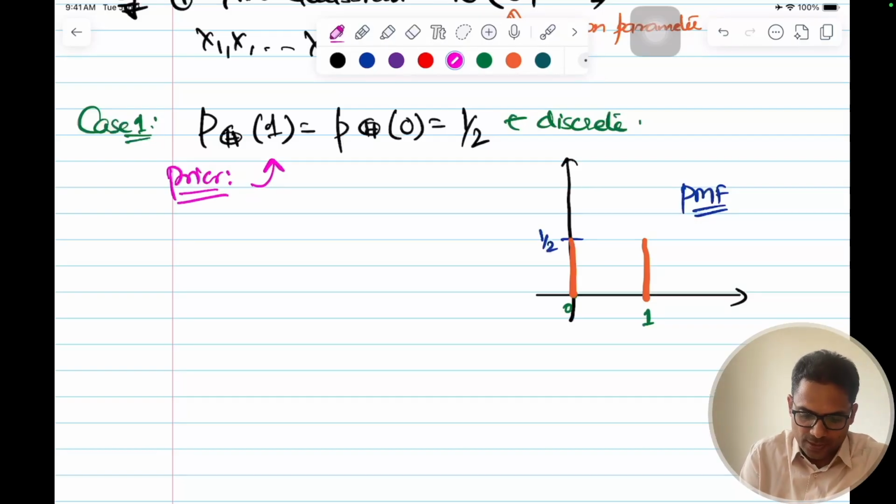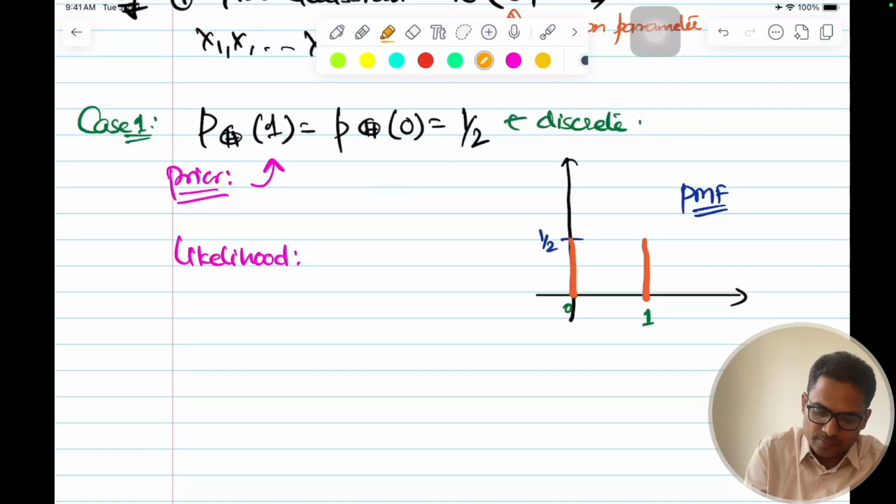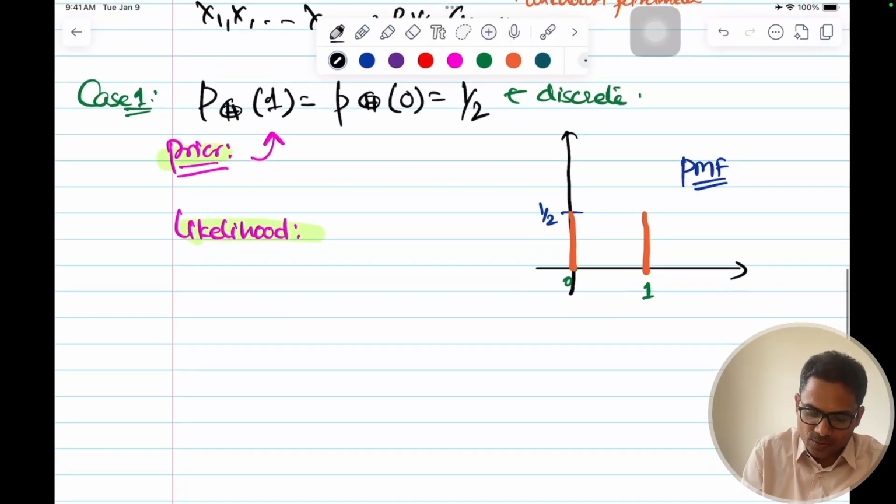For calculating the posterior we need the prior, then we need the likelihood. So what will be the likelihood? We know it's a Gaussian. So what is the PDF of a Gaussian? Earlier it was Bernoulli.